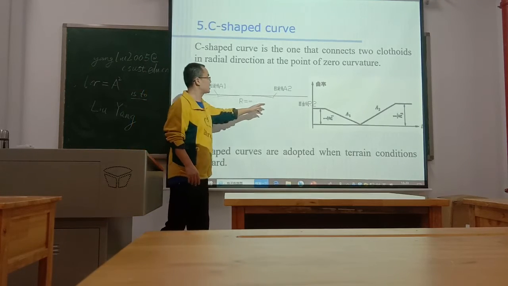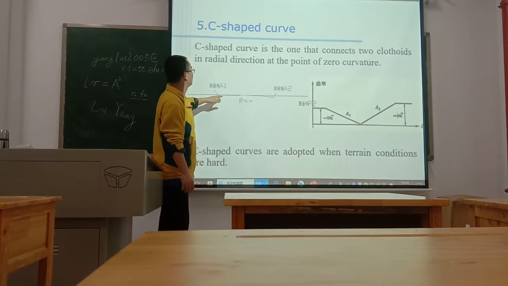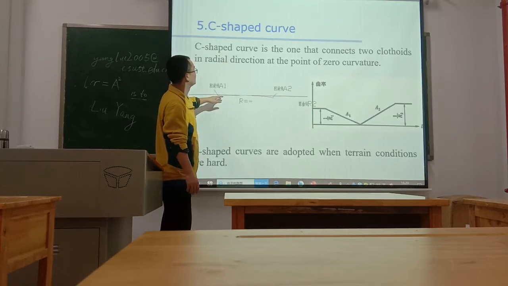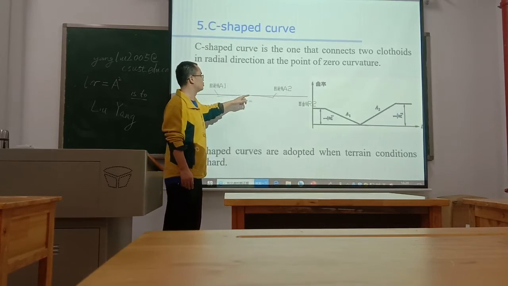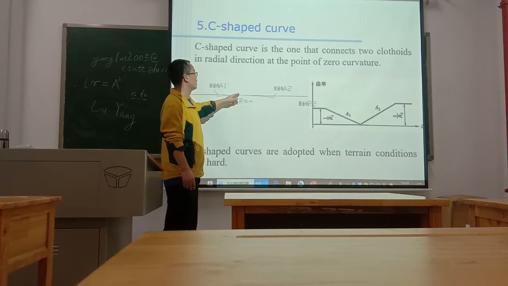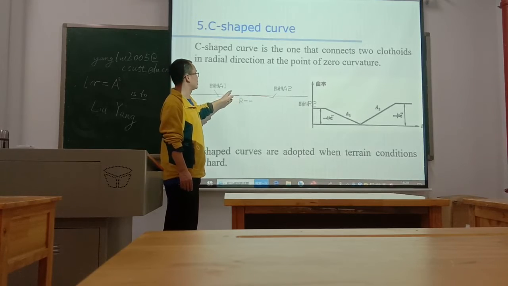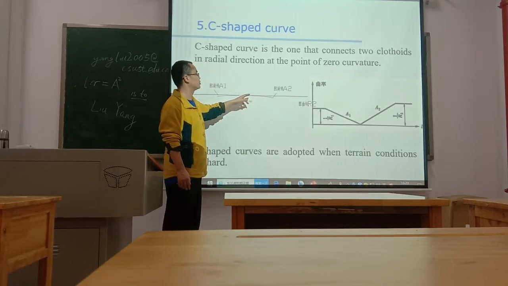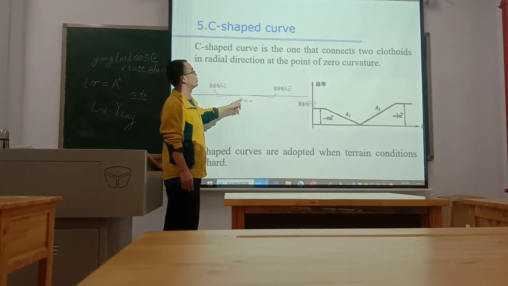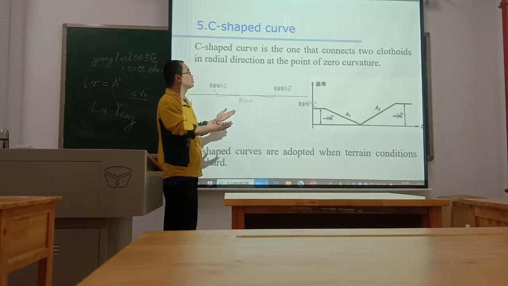This is clothoid 2. At the joint of clothoid 1 and clothoid 2, the curvature is 0, or the radius is infinite.